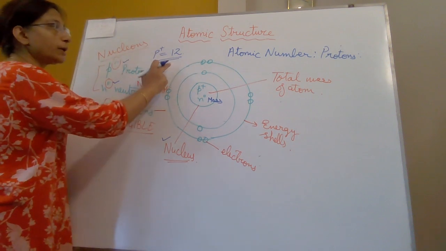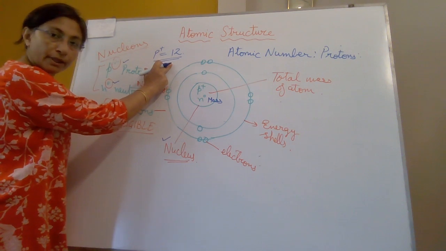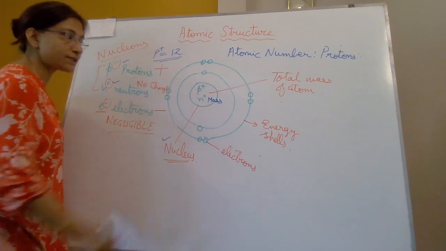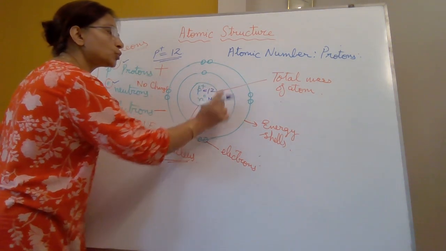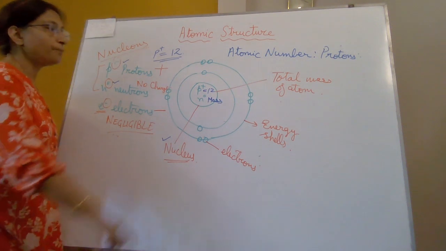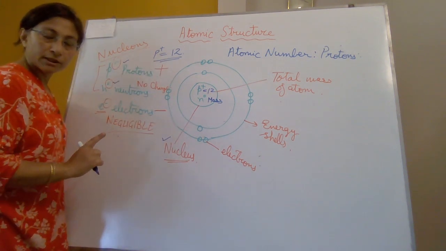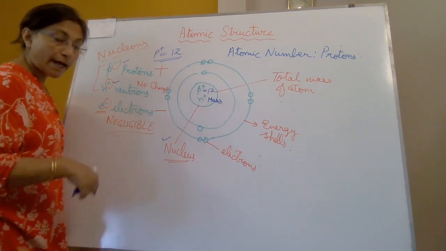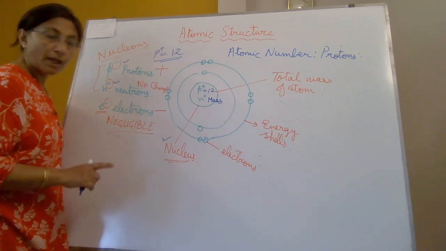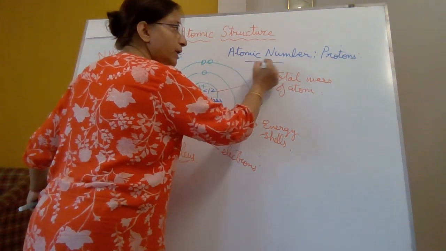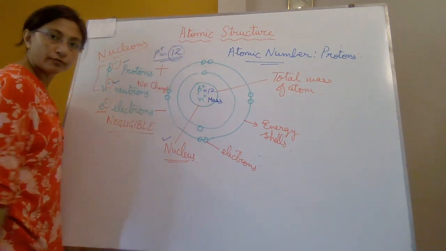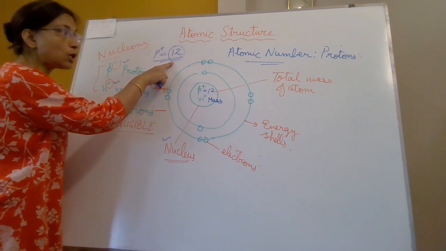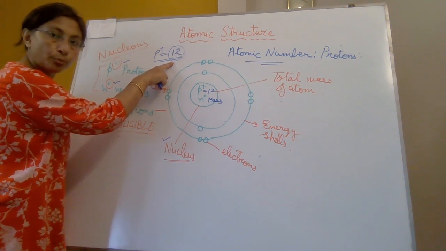That means that I am talking about an atom of an element which has got 12 protons in its nucleus, right? There is only one element whose atoms have got 12 protons in the nucleus, and this element is magnesium. And hence we say that the atomic number of magnesium is 12, right? So here we have identified the element on the basis of the number of protons.